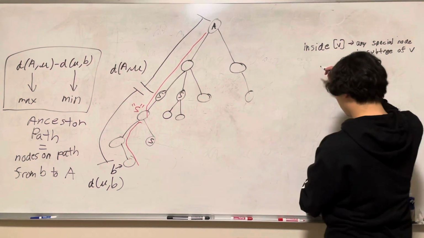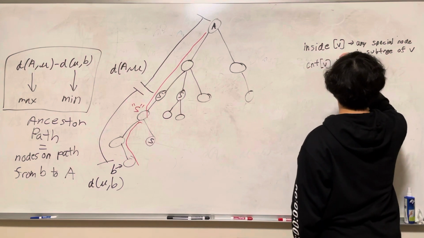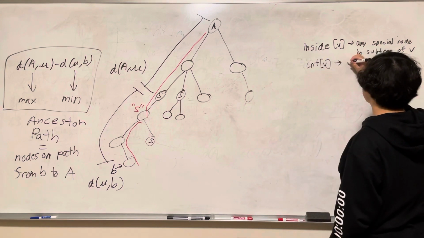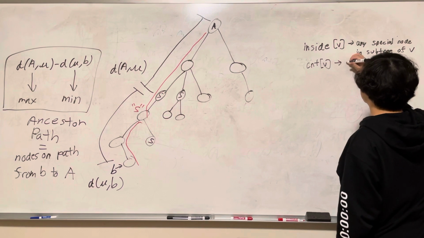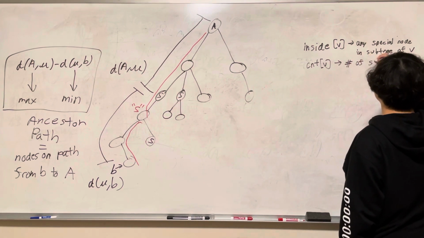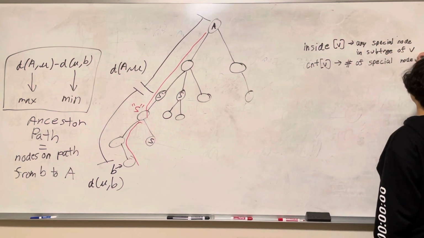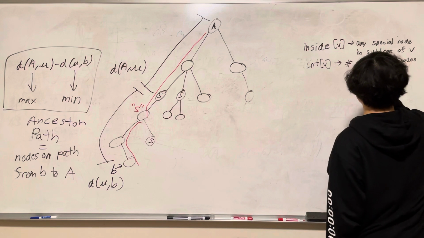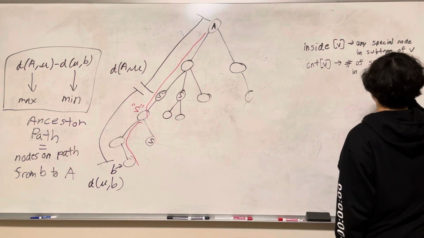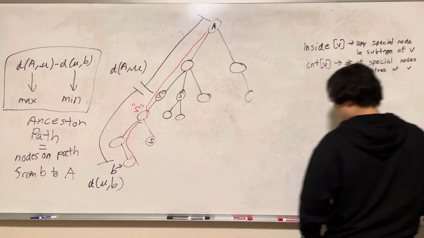I guess a better way to say this is count of V, where it's equal to the number of special nodes in the subtree of V. Okay?